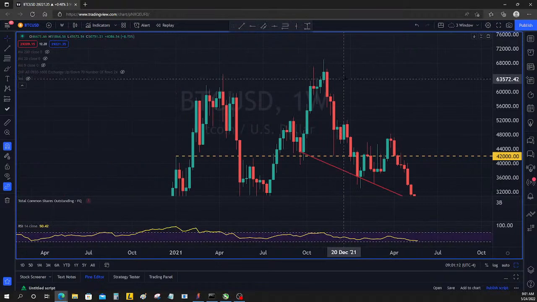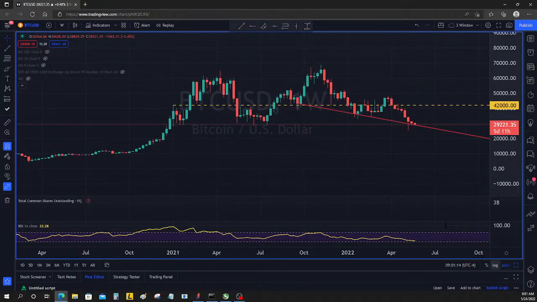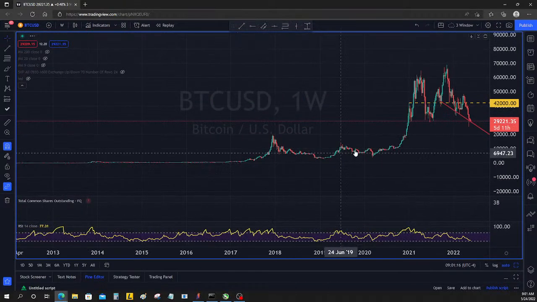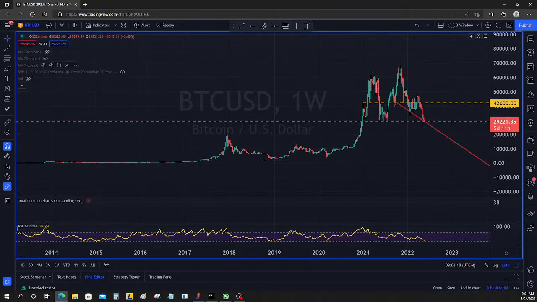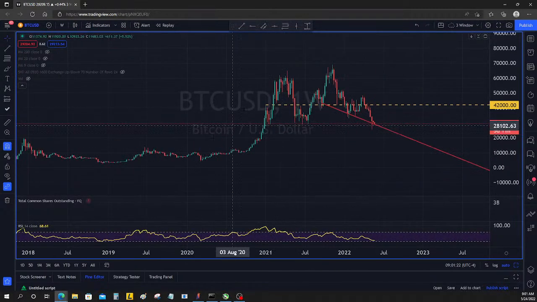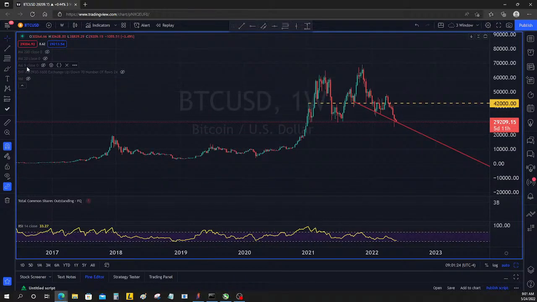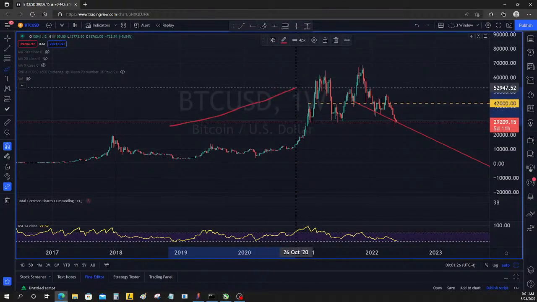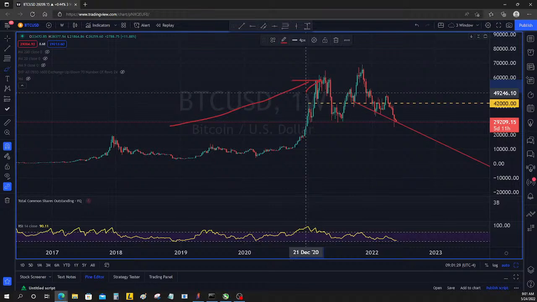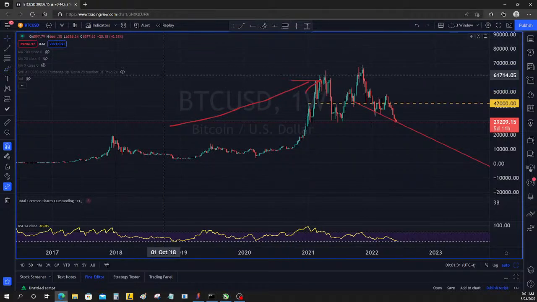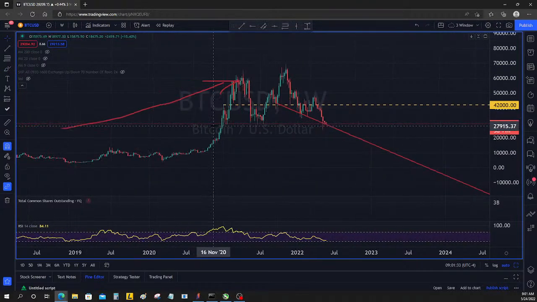First of all, we've got an uptrend here. If we go back, this is actually a parabolic move. So the trend is up. This is the direction of the trend. The trend is moving up.